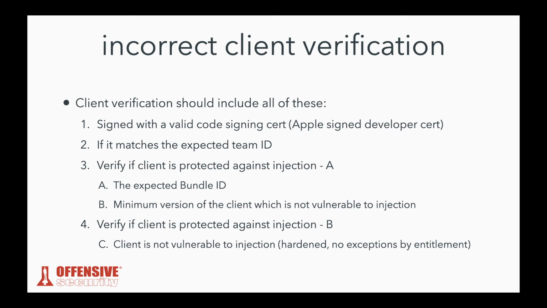Then, either verify that the client is protected against injection by checking the bundle ID and the minimum version of the client, which the developer knows is not vulnerable to injection, or take the entire code signing blob of the client and check all the code signing flags and entitlements to confirm it's properly hardened. If we do all of this, then it's almost good.